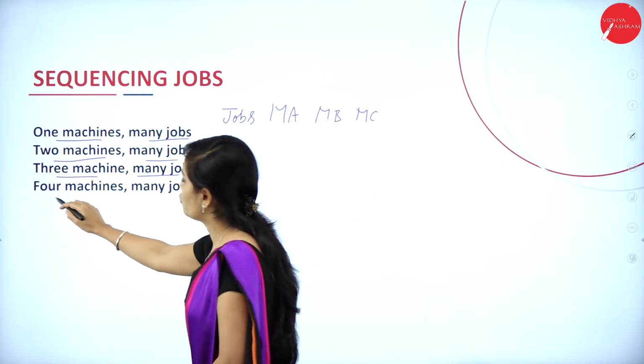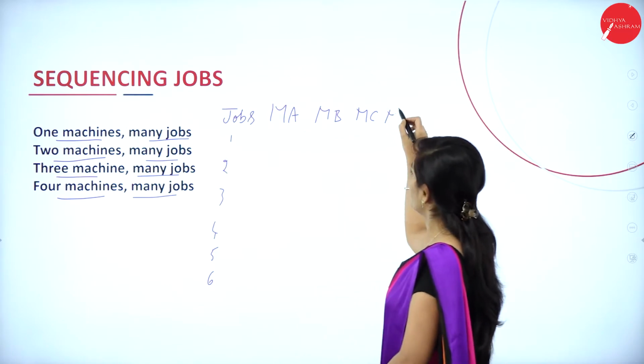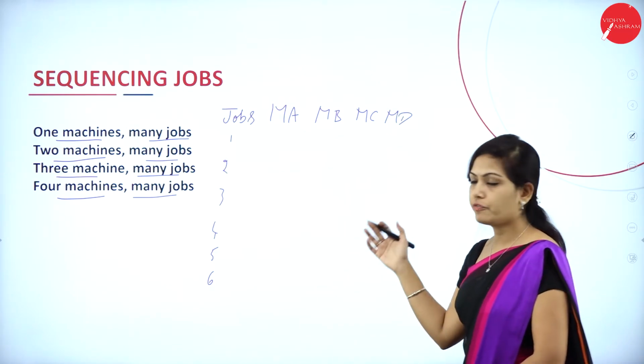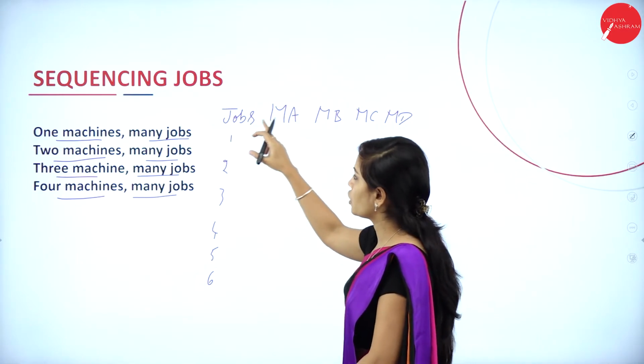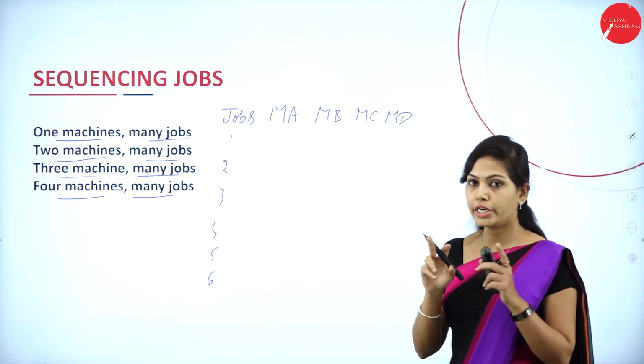And we have four machines and many jobs also. So we have different types of sequencing problems, but in your syllabus you have only many jobs with two machines.